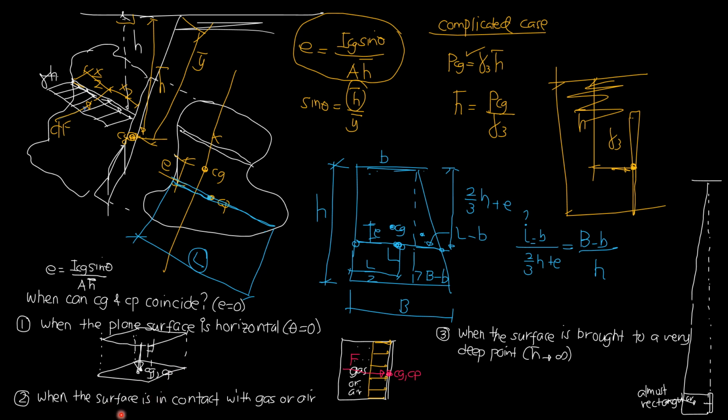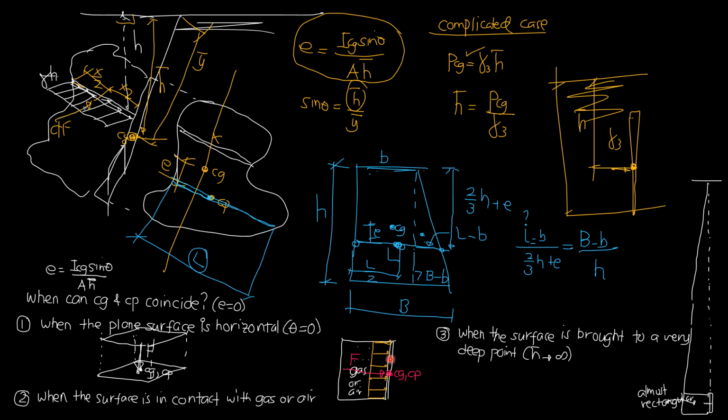Number 2, when the surface is in contact with gas or air. So remember, for example, this closed chamber here, and this is the plane surface, a rectangular plane surface or any plane surface. Remember that when the fluid inside is gas, the pressure is the same at any point in the confined space, the pressure of the gas or pressure of the air.